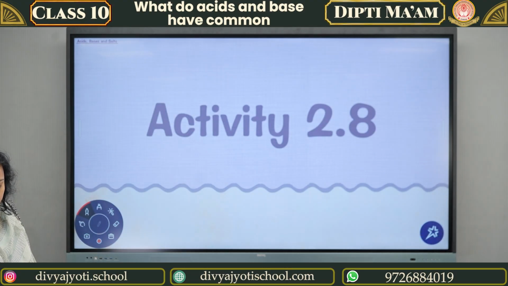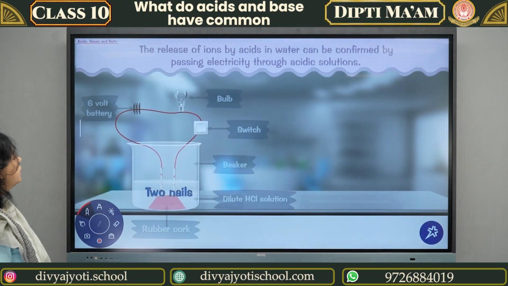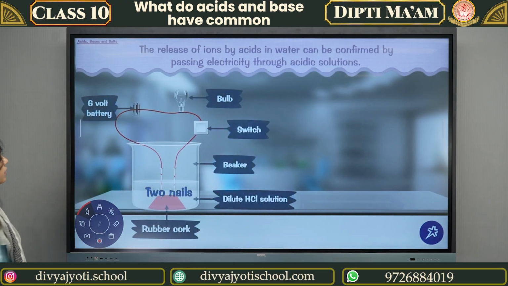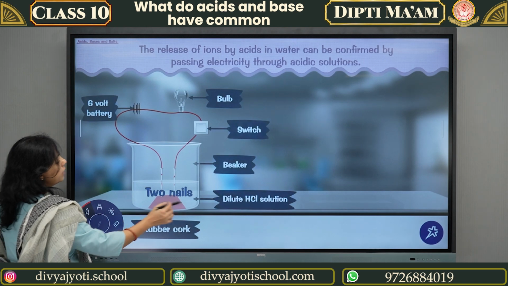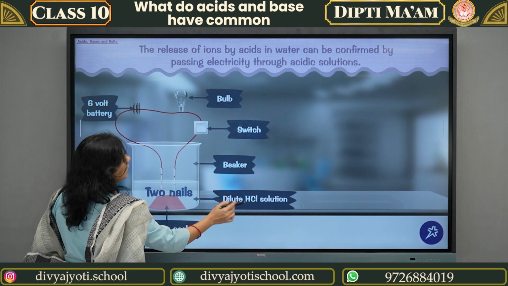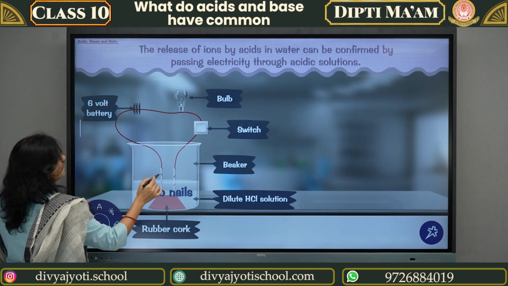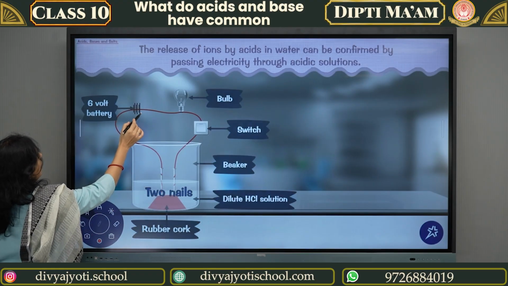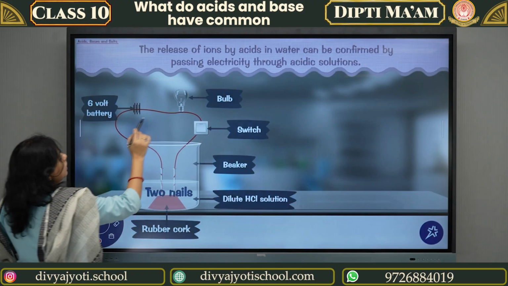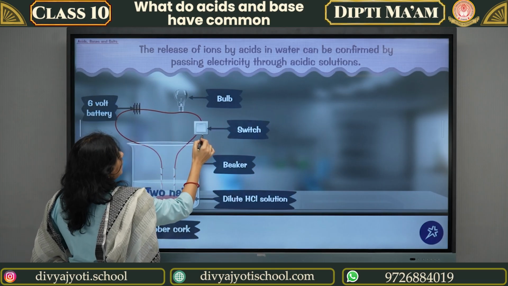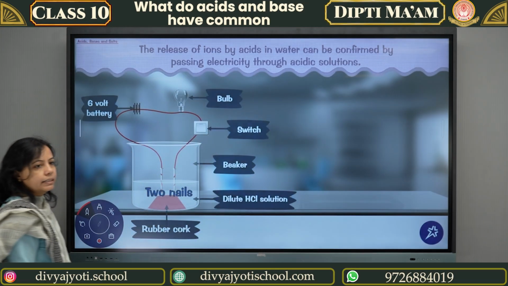Now let's see one activity regarding this. Activity 2.8. In this activity, you can see that there is a beaker. In this beaker, we are taking the dilute HCl solution. Here you can observe two iron nails connected with wire. This wire is connected with the battery. The battery is connected with the bulb, and here switches are there.